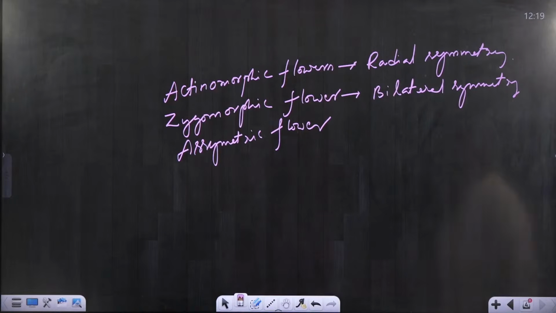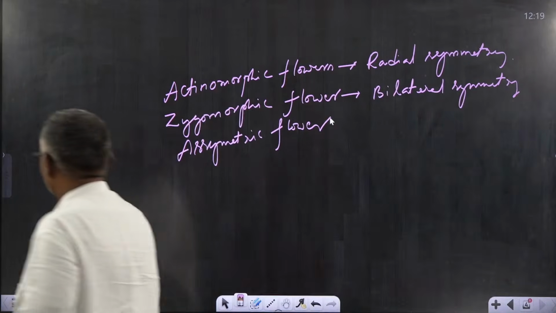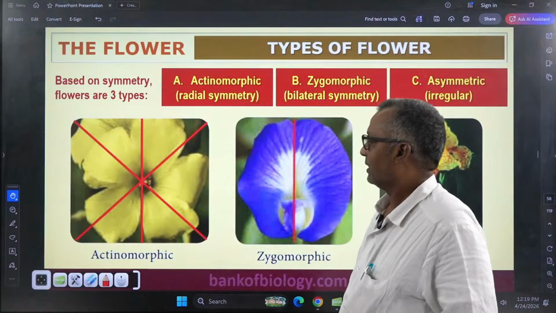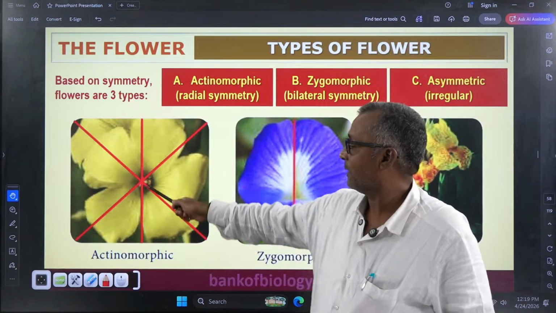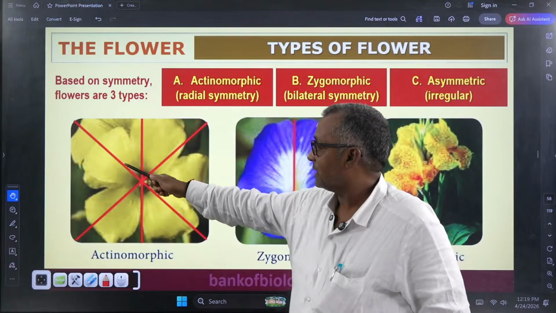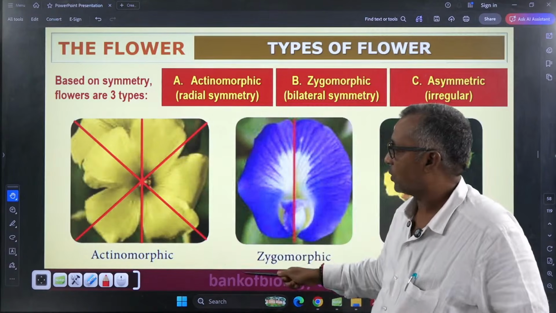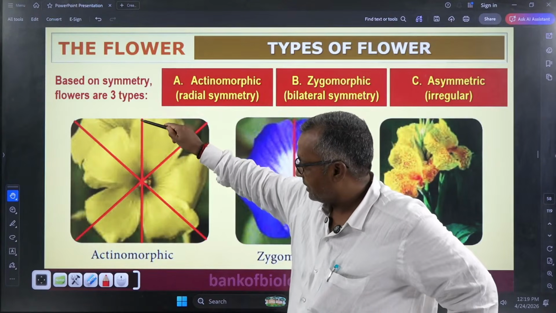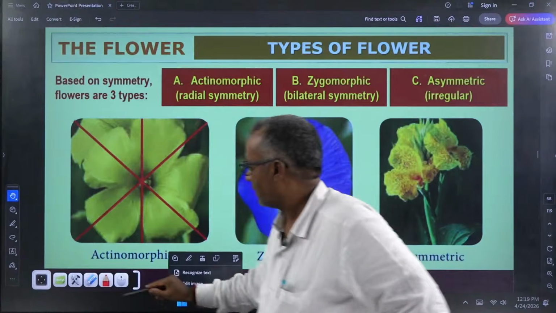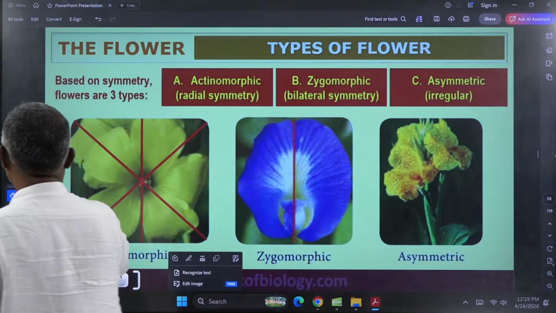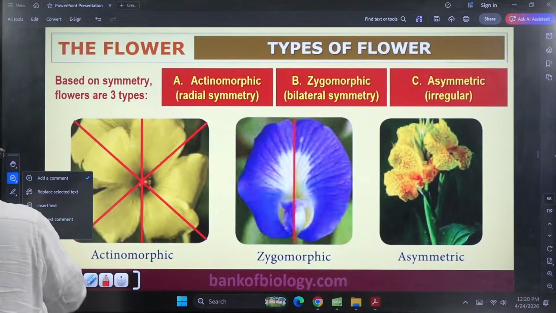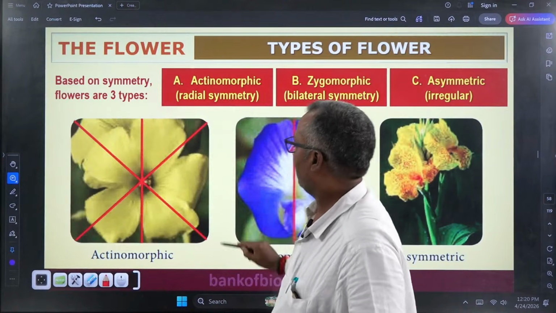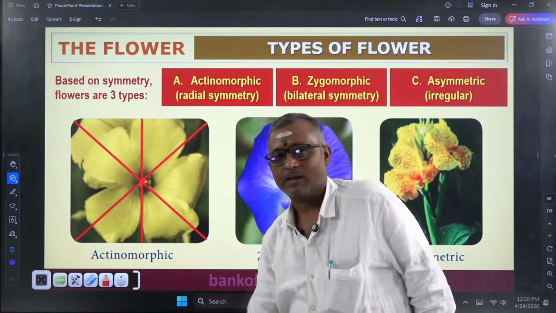So, let me show the diagrams so that it will be more clear. Look here. If you take this flower, look at the diagram. This flower can be cut into two vertical equal halves by passing through the center, either in this plane, this plane, or this plane.